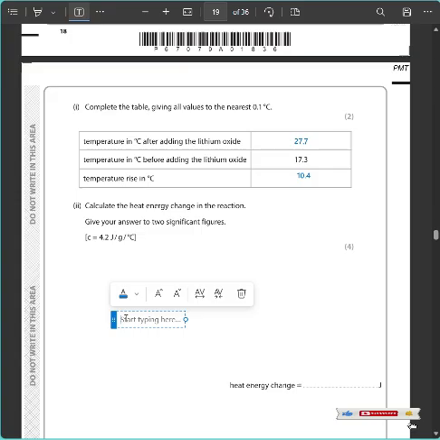Okay, for finding it, we will use the formula Q equals mc delta T. Delta T is equal to 20.4 multiplied by the specific heat capacity of water 4.2 multiplied by the mass of water 100 grams, and the answer will be 4,368 joules, and we should write it in two significant figures, that's why it will be 4,400.